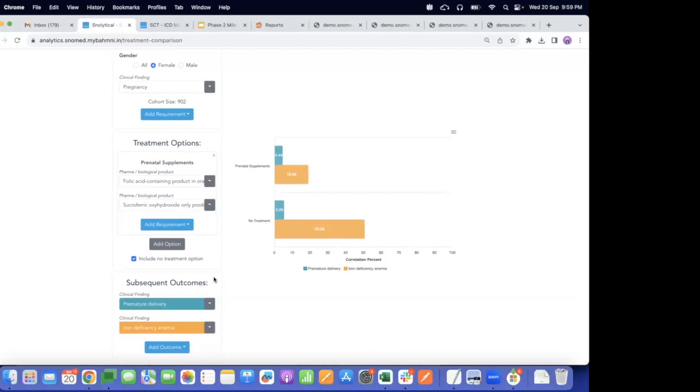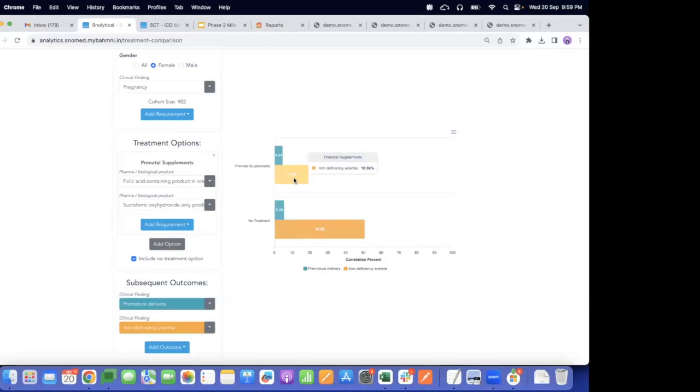Now, once we have provided all the data, what we can see here is that the rates of maternal complications, like iron deficiency anemia, are drastically improved. Currently, without any treatment, there was around 50 to 51% correlation of having iron deficiency anemia, whereas the patients that were administered these supplements had a very low correlation.